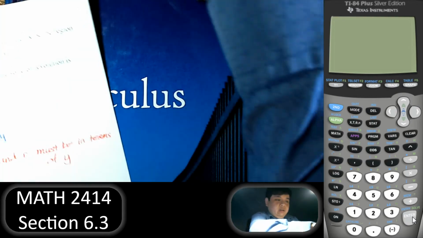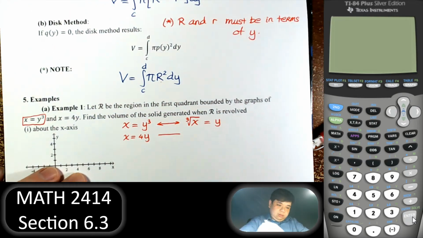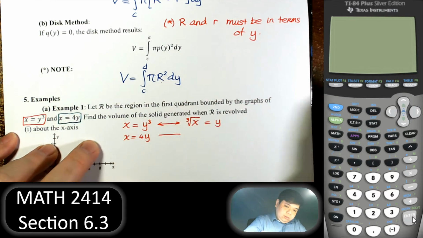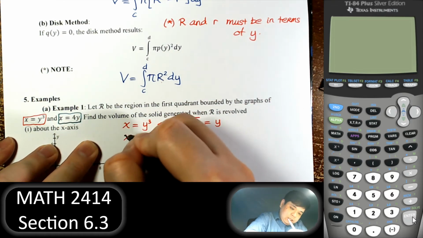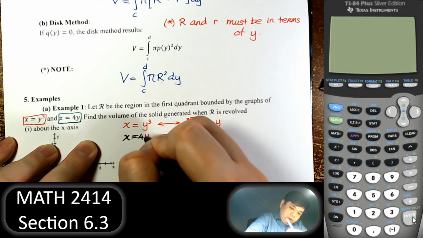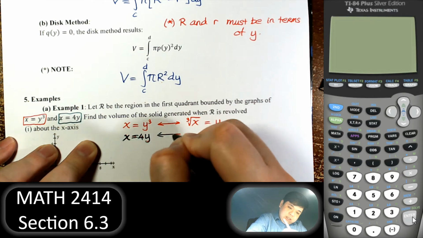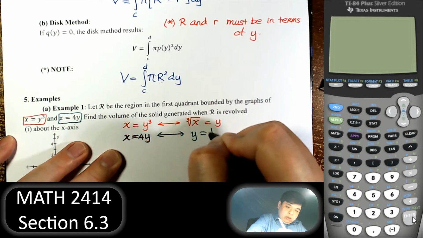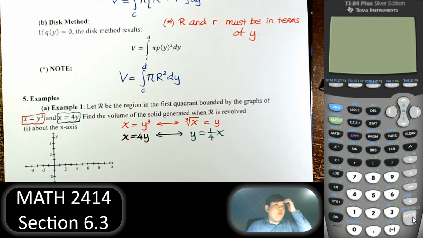Where's the green one? X equal 4y is the same as y equal to 1/4 x. So certainly we can graph those functions easily.